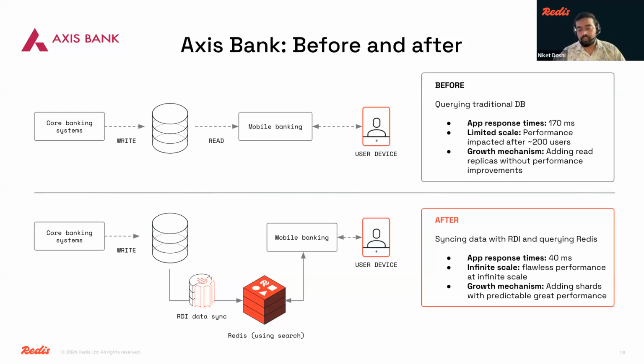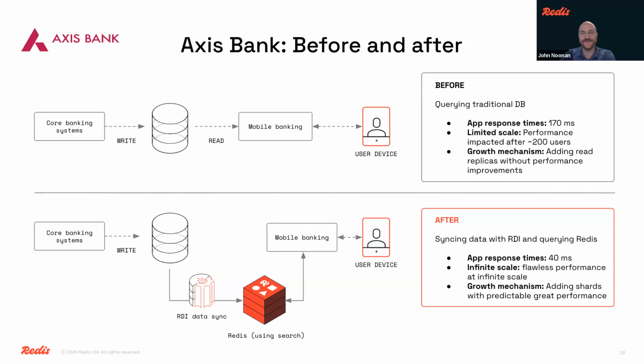Just introduce a new service, sync the data into Redis, and start providing responses to your applications. So that was on the success story of Axis Bank, how they benefited from Redis and RDI. So John, over to you.